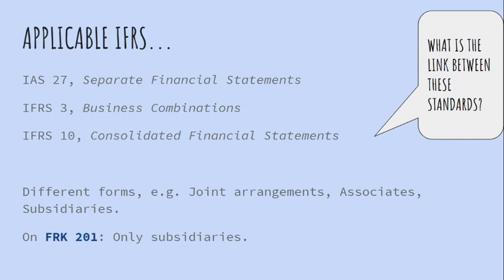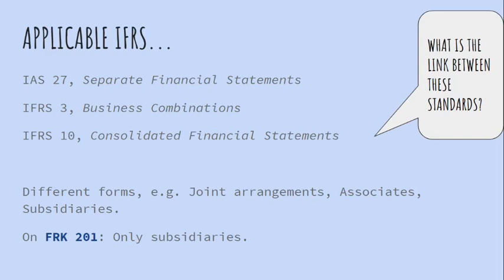What needs to happen on that date specifically? And then IFRS 10 prescribes the accounting treatment since acquisition date. So you need to comply with both IFRS 3 and IFRS 10 when you prepare consolidated financial statements.